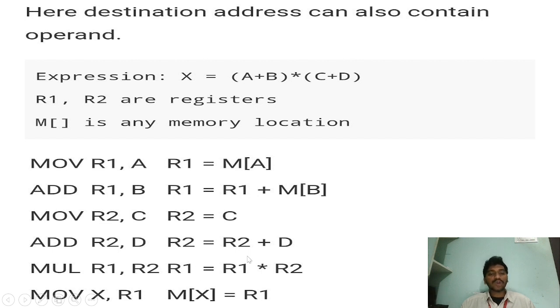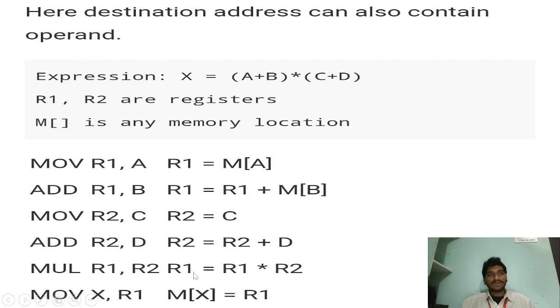So R1 equals R1 star R2. And the next step is MOV X, R1. So move the R1 register into X, which is stored in the memory location. It can be represented as M of X equals R1.